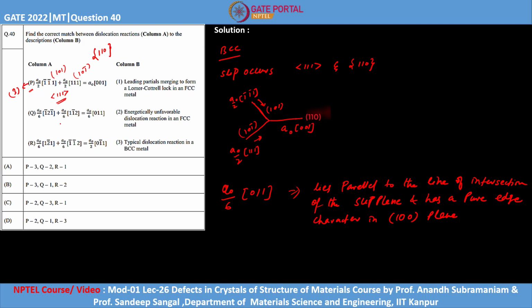Such a dislocation reaction occurs in FCC. Two mobile dislocations combine to form an immobile dislocation. So the final dislocation forming here is an immobile dislocation, and we can also call it a sessile dislocation.